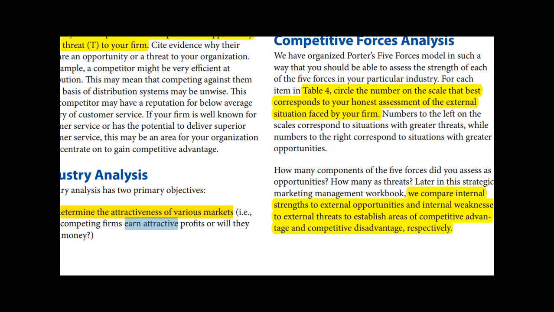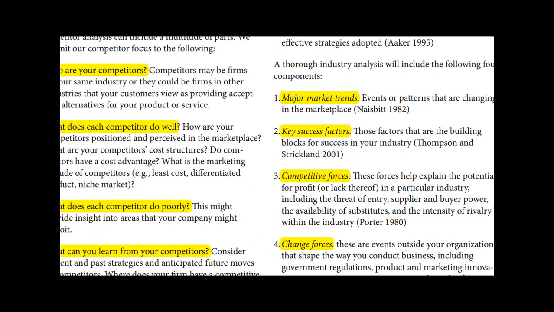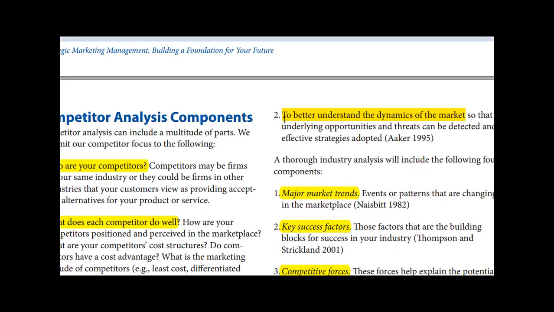The second objective is related to the better understanding of the dynamics in the market, and that is detection of effective strategies.